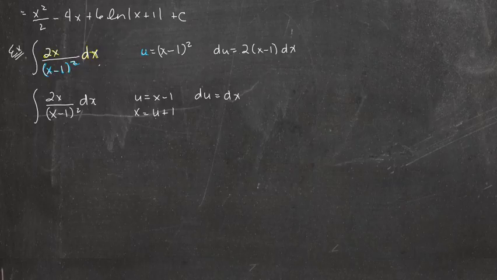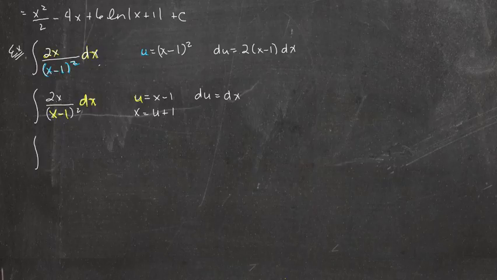Now let's see how that helps us. I'm going to take the antiderivative of, well, I have my u, and it's going to be a u squared, yep. And I have my dx would be du. And the 2 I'm not worried about because it'll come out front.